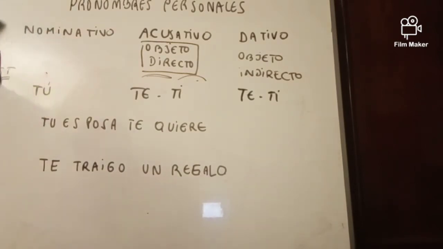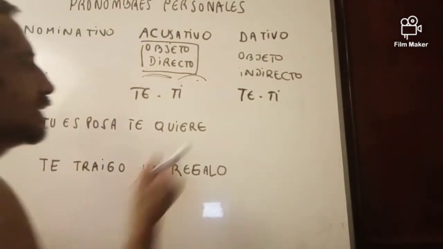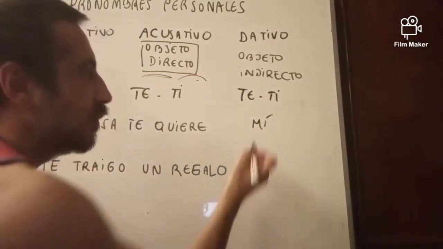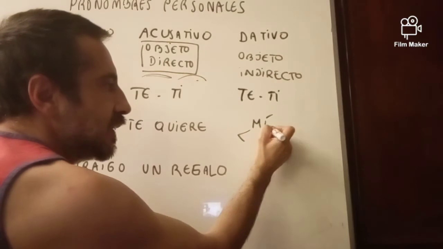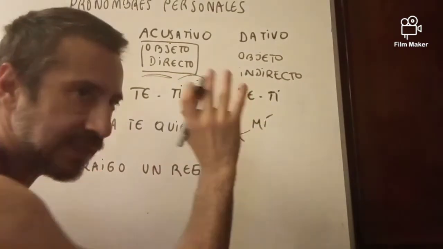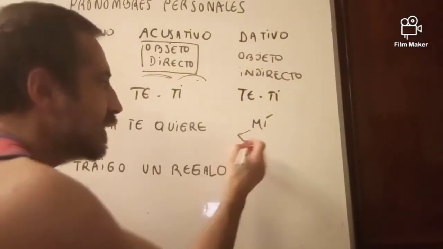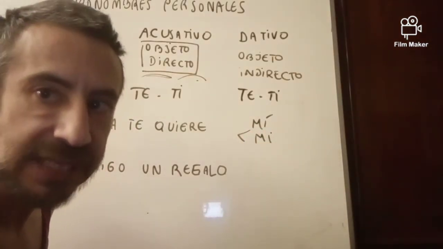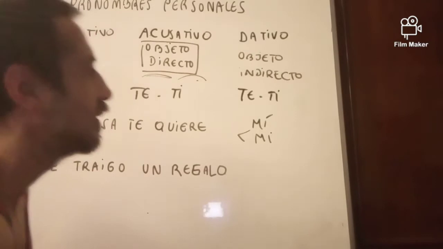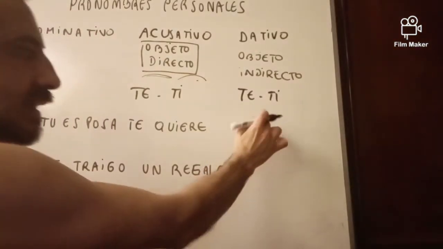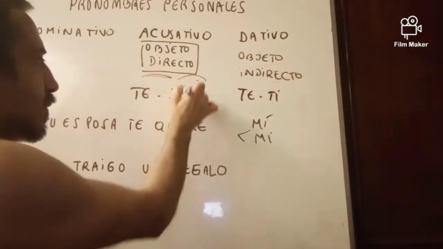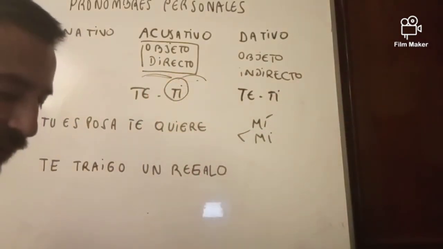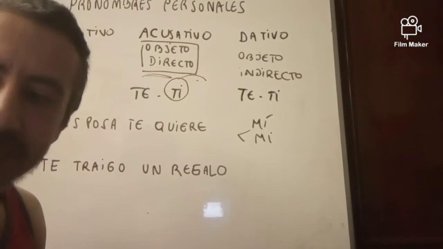In mí we had the accent, if you remember, because we had to make a distinction between this mí, that is the object pronoun in Spanish, and this mi that is our possessive adjective. That's why this mí has an accent. As we don't have another meaning for the word ti, we just write it without an accent.